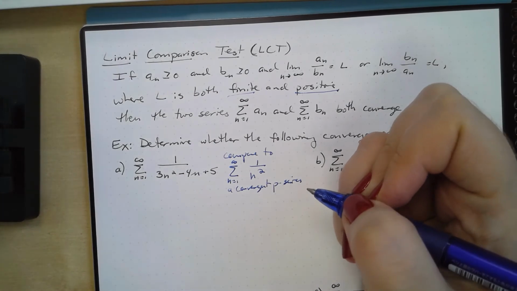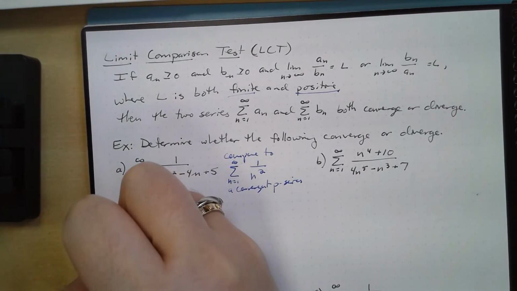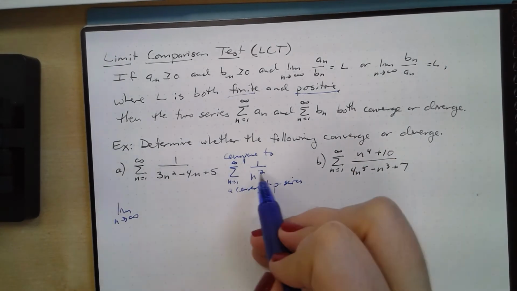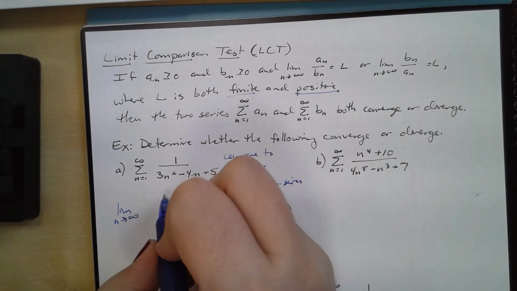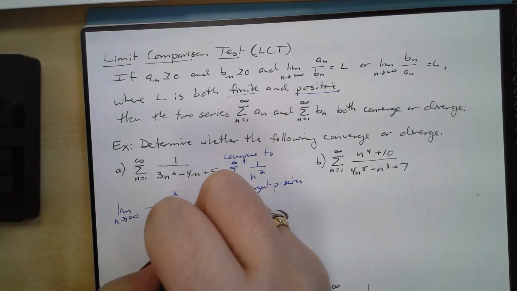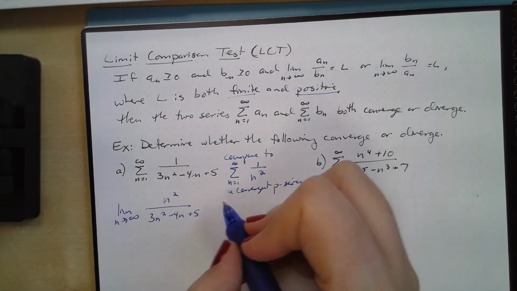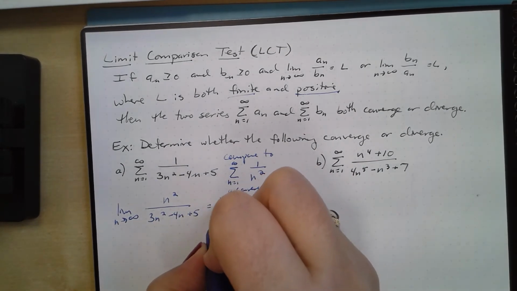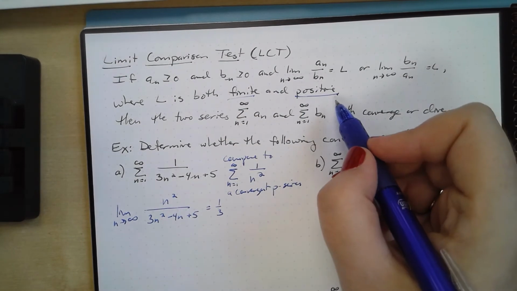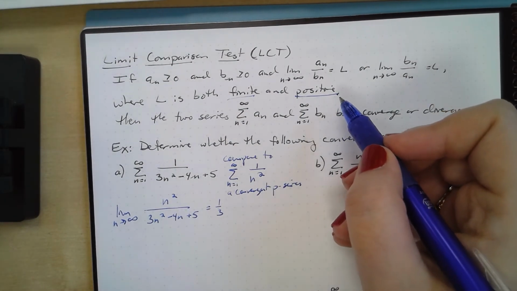So I'm going to rewrite this as the limit as n approaches infinity of this divided by this, which is just going to become n squared over 3n squared minus 4n plus 5, right? And if I find the limit of this, I'm going to get 1/3, okay? Is 1/3 finite and positive? Yes.